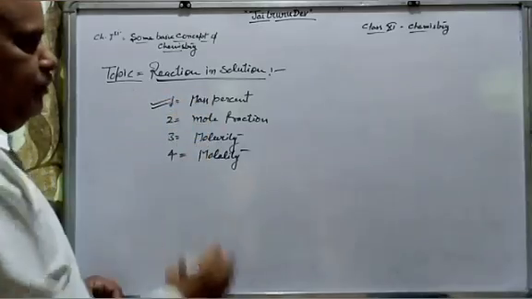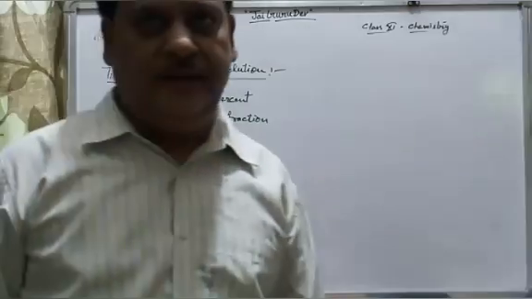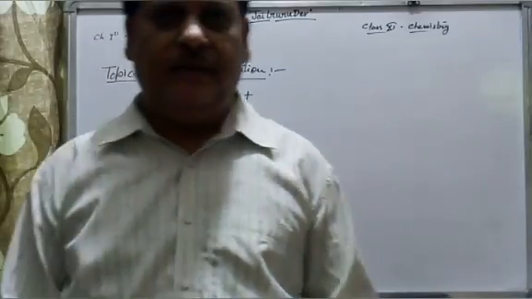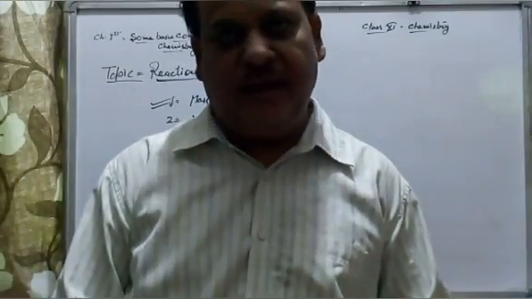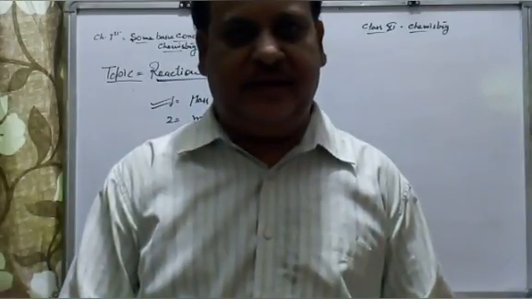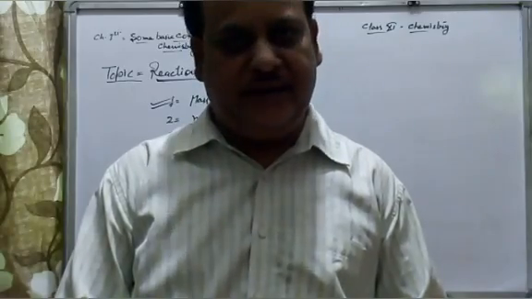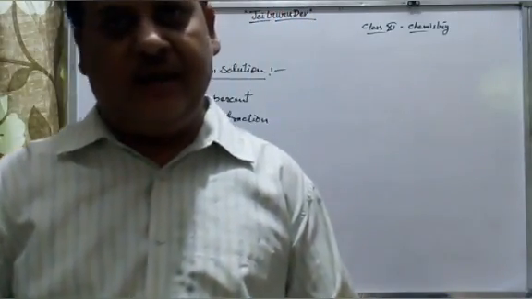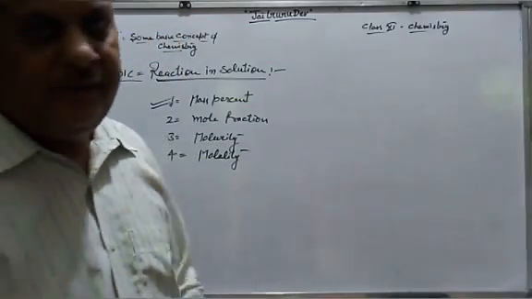Number 1, mass percent. Mass percent gives the mass of each element present in the compound expressed as the percentage of the total mass.